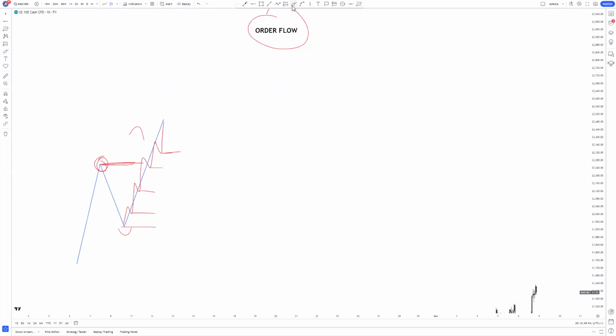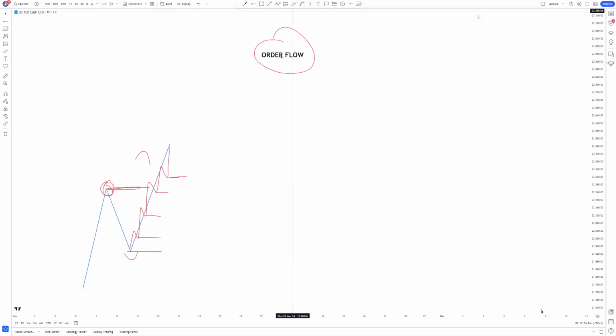Like I said, I'm not going to tell you if it is one or two. Sometimes price might even come completely, take out everything before we buy, just like the last example I showed. This is why you need to always wait for this order flow to align.